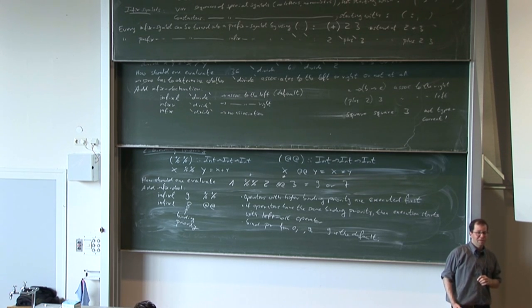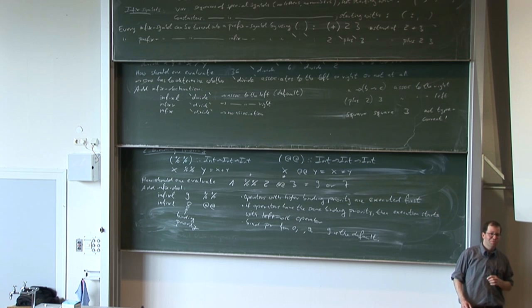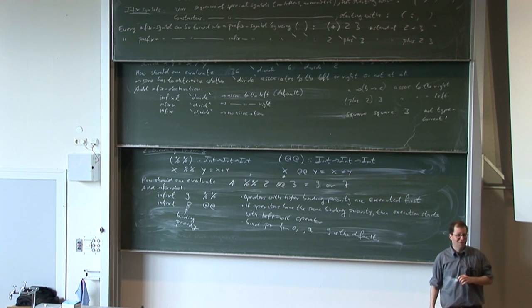If they don't, then... well, you don't know the binding priority. Of course, you can try it out, but that's not what you want to do. So you have to look into the documentation, and if there is no documentation, you can look into the source code. You just search for the infix declaration of this operator, but yeah, you need to know it if you want to use this in a sensible way. True.